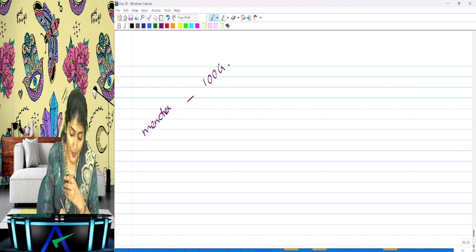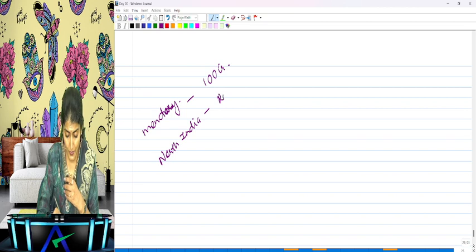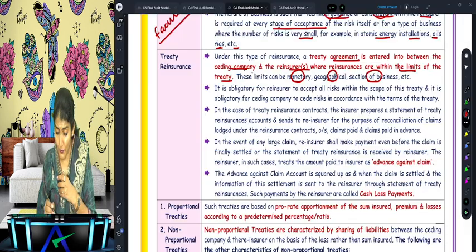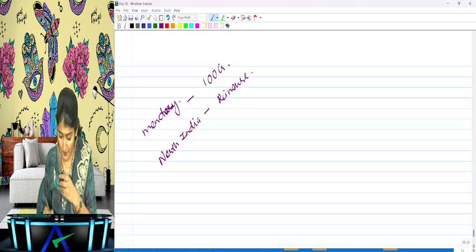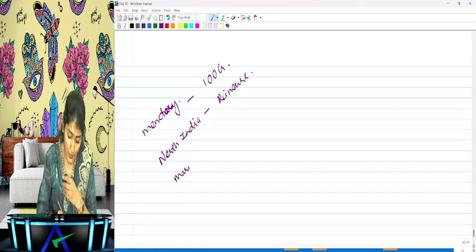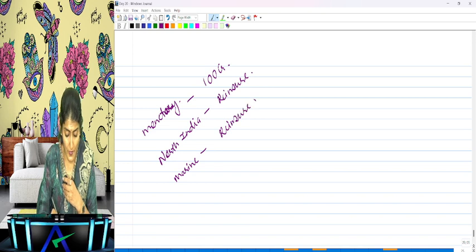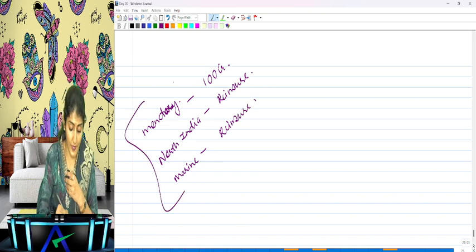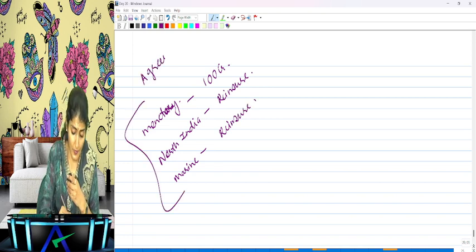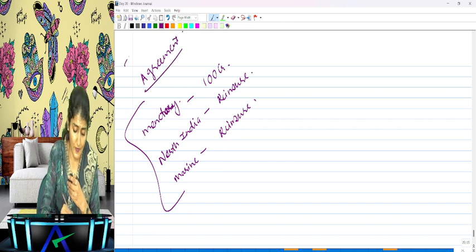Or all my North India, whatever policies we have issued for North India, those policies you please reinsure. Or also, what could it be based on? The section of the business, that all my marine insurance policies, those you reinsure. So what is it? You are entering into an agreement. This agreement is called the treaty.